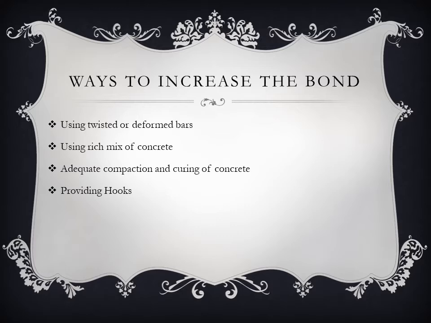And curing of concrete means when you give it adequate moisture, so that it can properly settle. And then we provide hooks at the ends of the reinforcing bars. These are some of the ways that you can increase the bond.